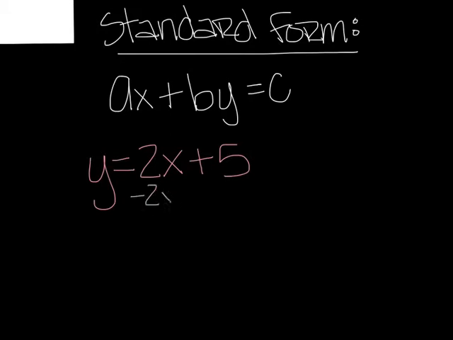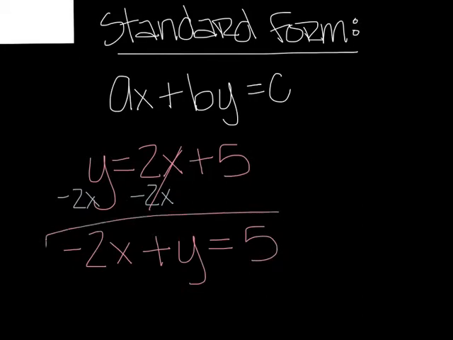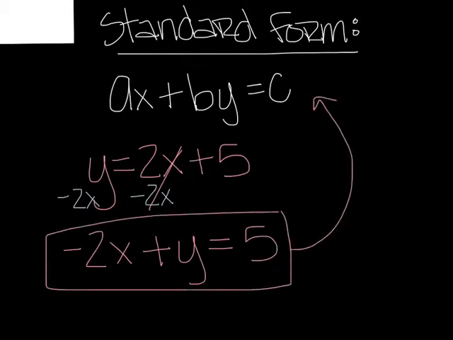So I could just subtract 2x from both sides, and I would have negative 2x plus y equals 5. And this then would be in standard form. Pretty basic, right? What we use standard form for is to find the x and y intercepts quite easily.